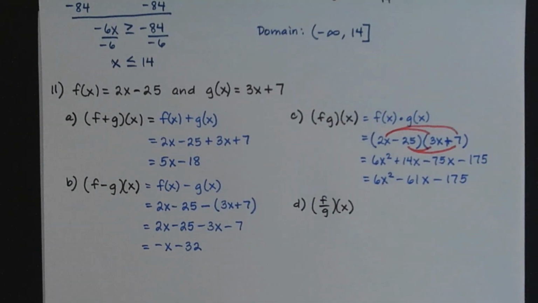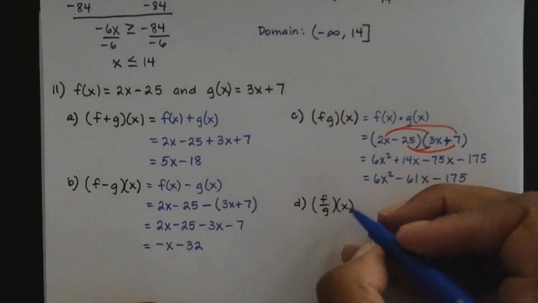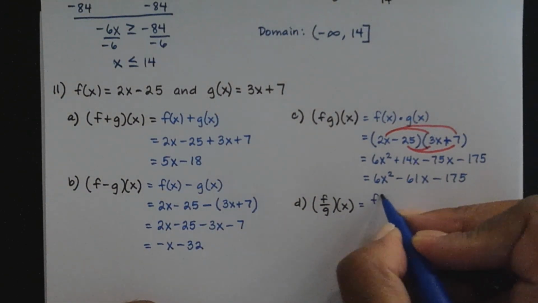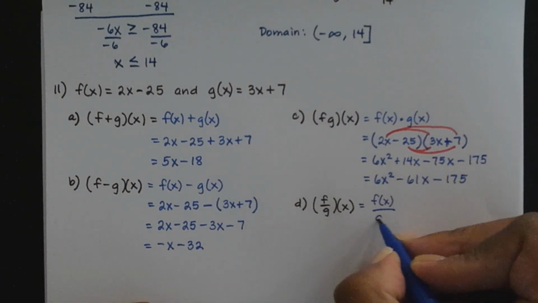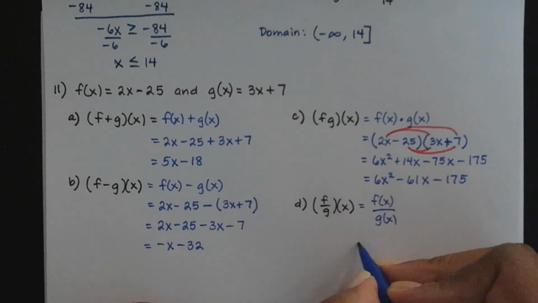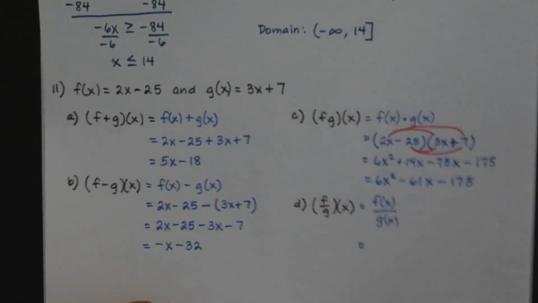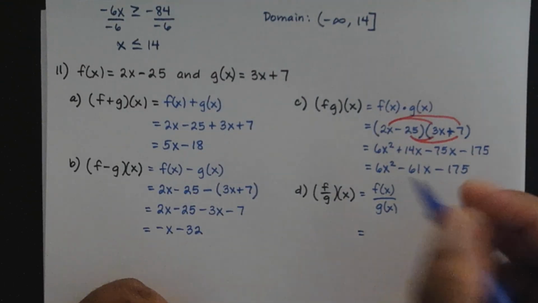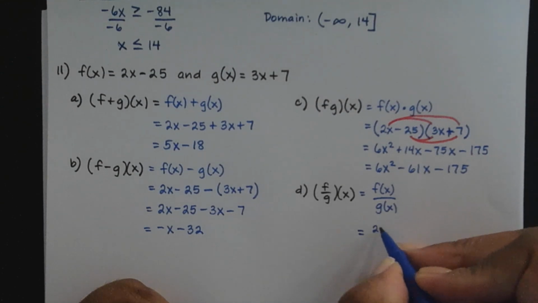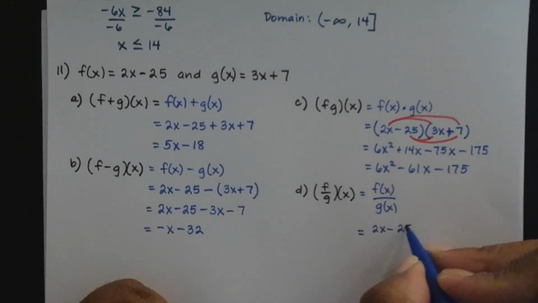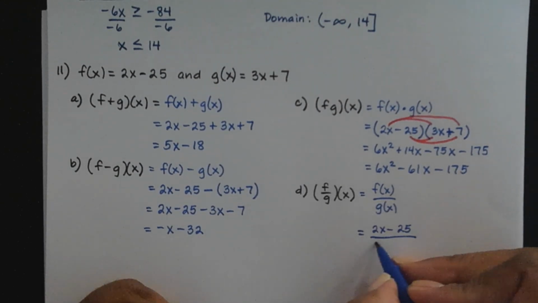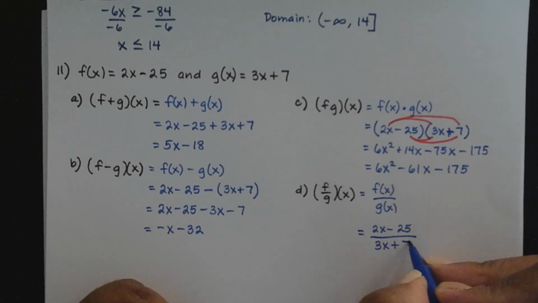And then part D is f divided by g of x. That's the quotient. So here we got f of x divided by g of x. So f of x is 2x minus 25 divided by the g of x, which is 3x plus 7.